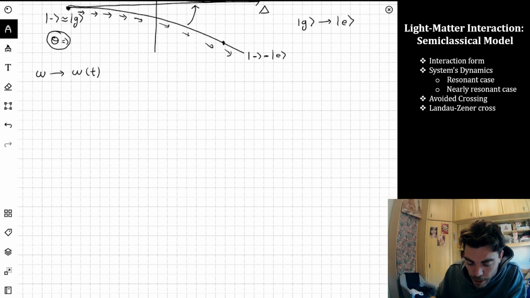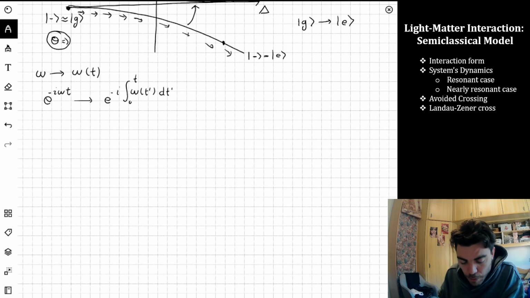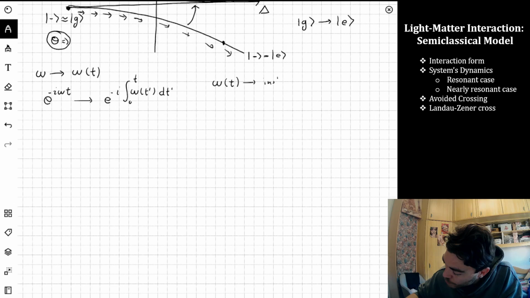So this means that when we wrote before minus i omega t, for example, now we will have something like minus i integral from 0 to t of omega(t') dt'. Omega at a certain time t is called the instantaneous frequency.